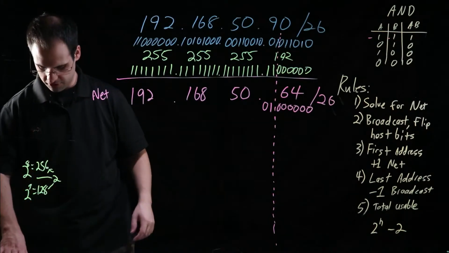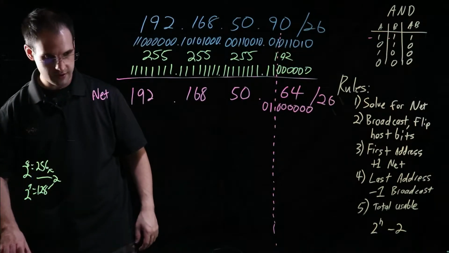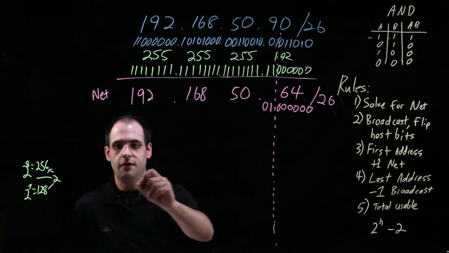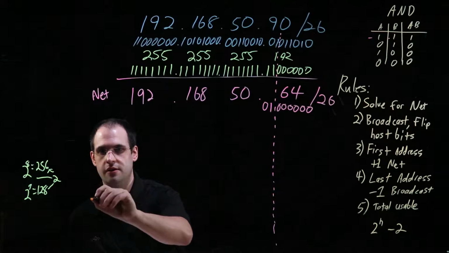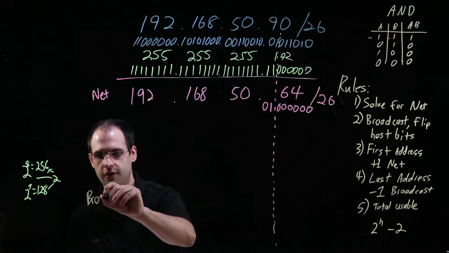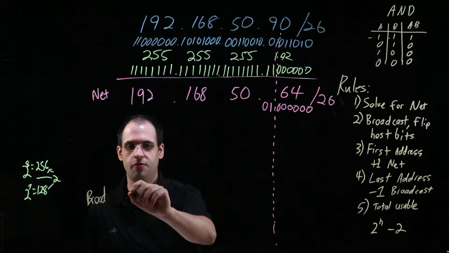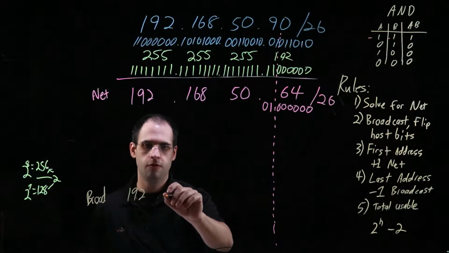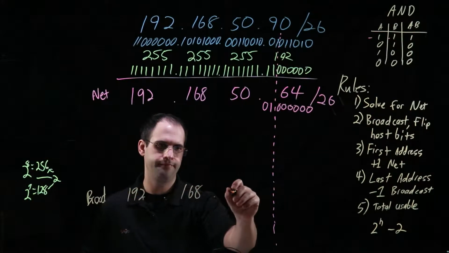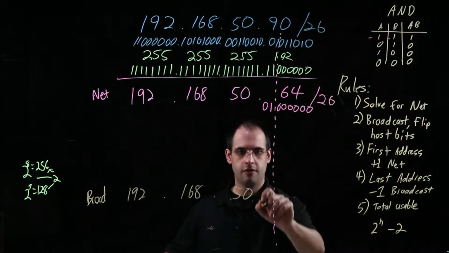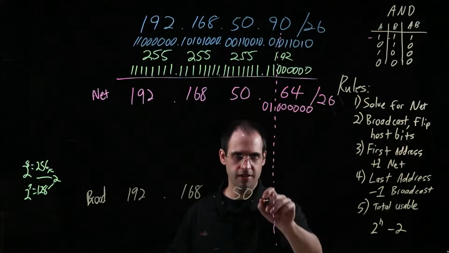Let's grab our broadcast address. I'm going to hunker down again and put my broadcast here. My 192.168.50, and these values come back down again.